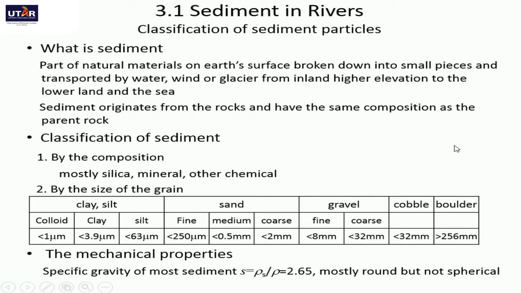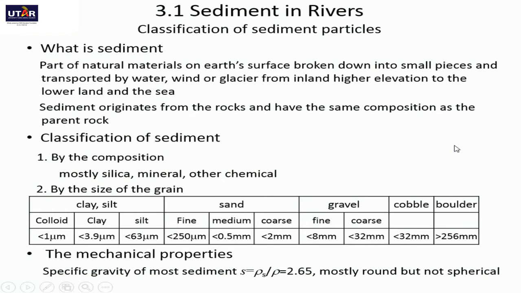They may be classified in a few different ways. One by the composition and the second by the size of the grains. The mechanical properties depend on the specific weight, which is dependent on the composition, and the size and the shape of the individual grains.